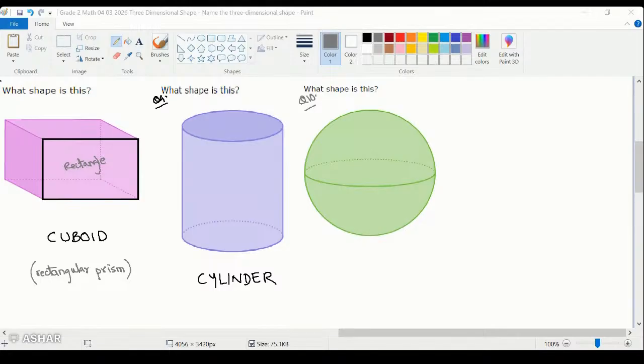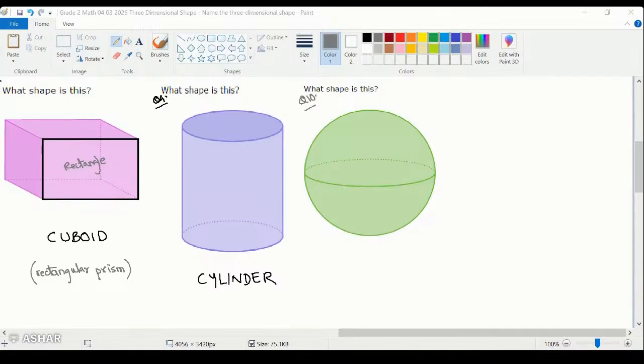Agreed? Because you are doing the spellings for the first time, right? So we try to remember the spellings, okay? Cylinder is CY. Perfect. Thank you for the answer. Thank you, Precious. Thank you, May.